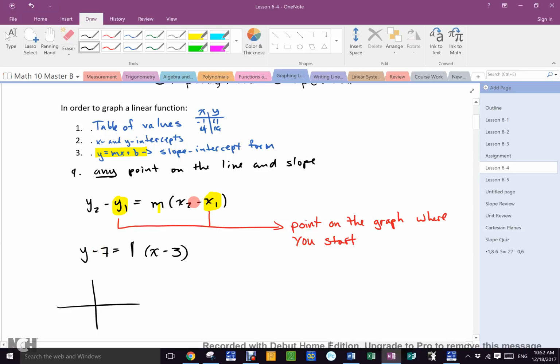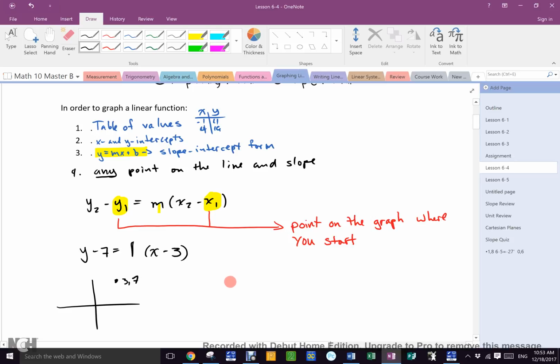I've already told you that these guys are the hint. These guys are the point where you start. You tried -3, -7. What else might you try? +3 and +7. All right? So that would be out here. 3 and up 7, correct? Let's try. What goes in for x from here? 3.